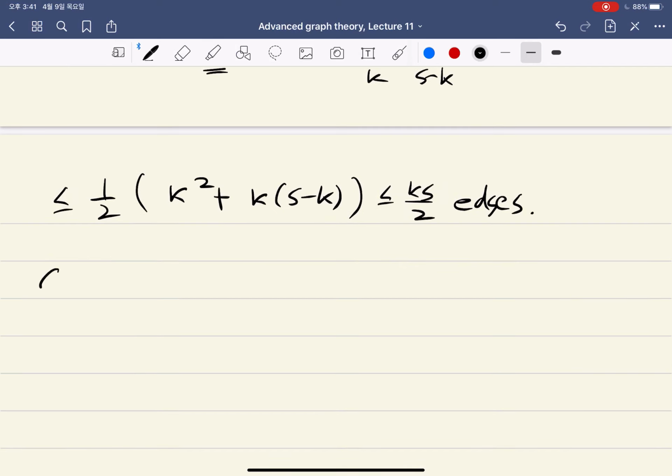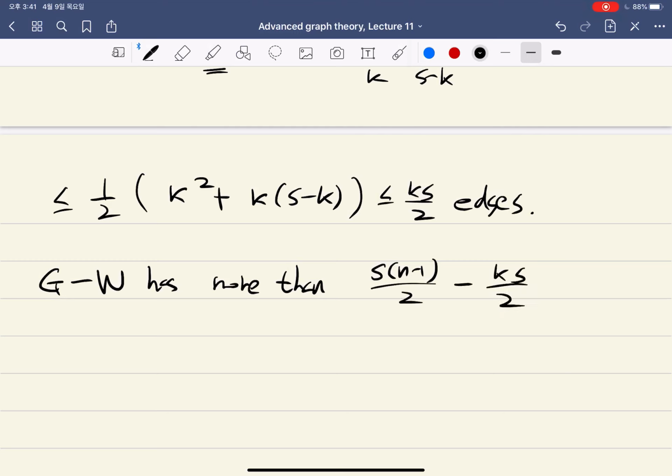Then G minus W has more than Sn minus 1 over 2 minus Ks over 2 edges. So Sn minus K minus 1 over 2. More than this many edges. And it has n minus k vertices.